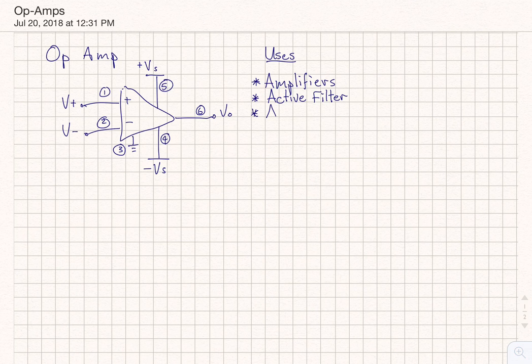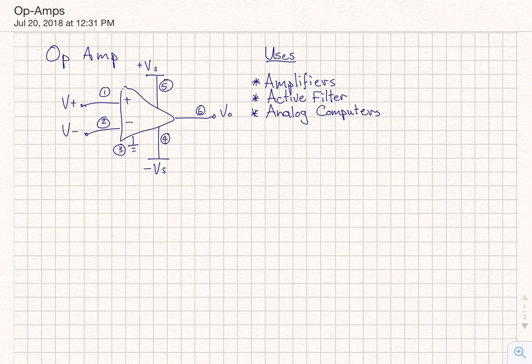And then there's also this whole thing of analog computers. That's a whole field by itself too. So op-amps are used in those too. Mostly what we're going to focus on in this class is amplifiers and a little bit of filtering.